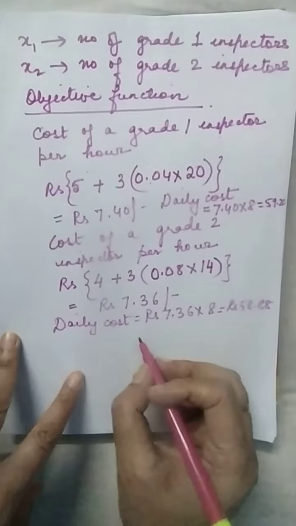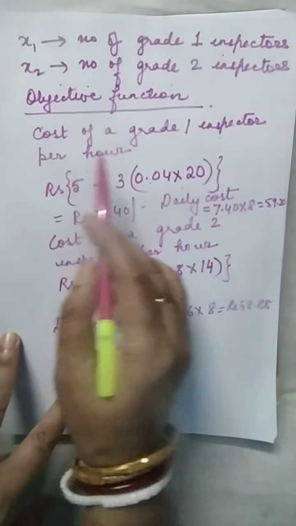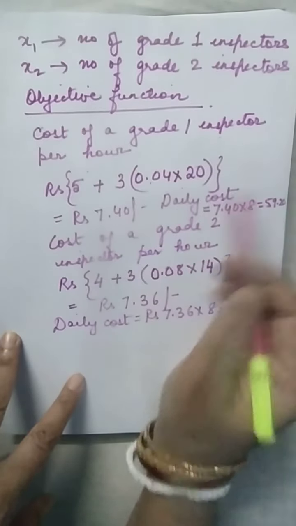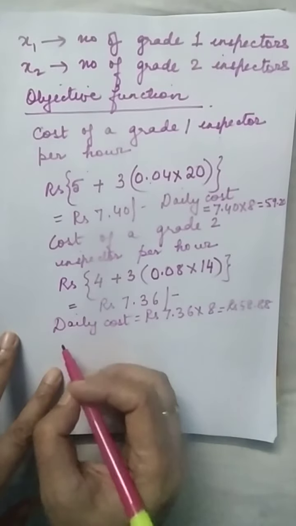What is the daily cost of inspection? The total daily cost of inspection is the cost of grade 1 inspectors per day plus the cost of grade 2 inspectors per day.